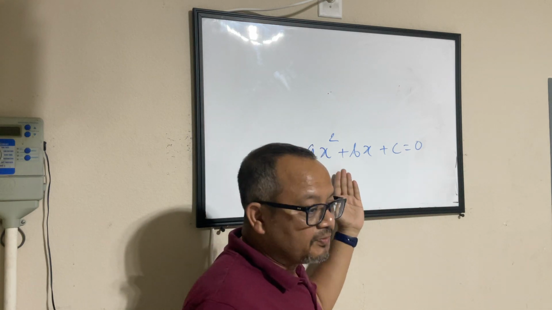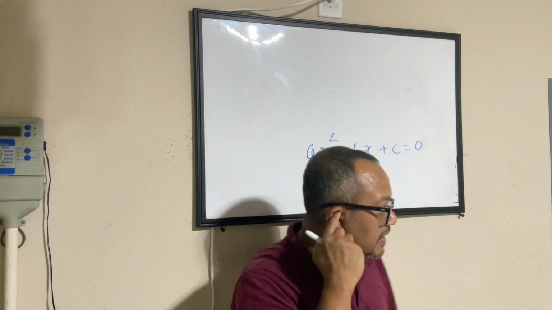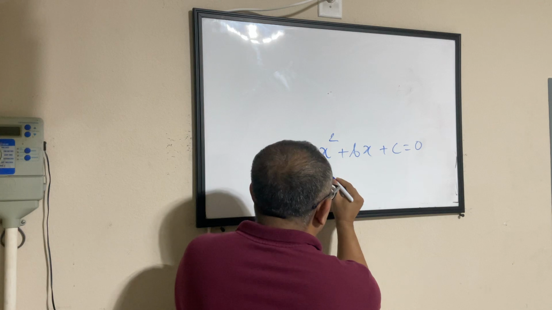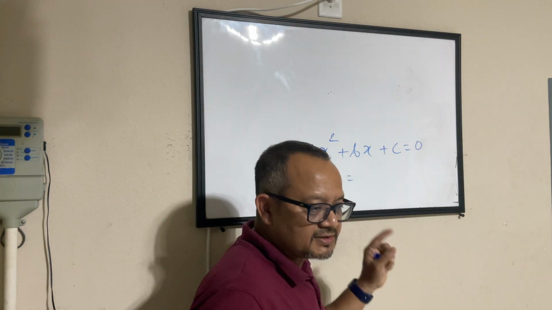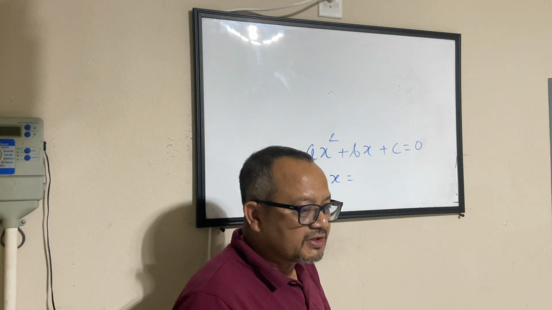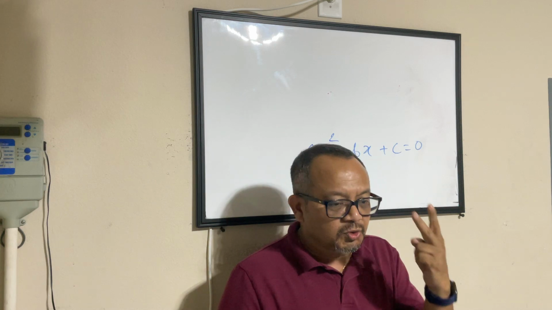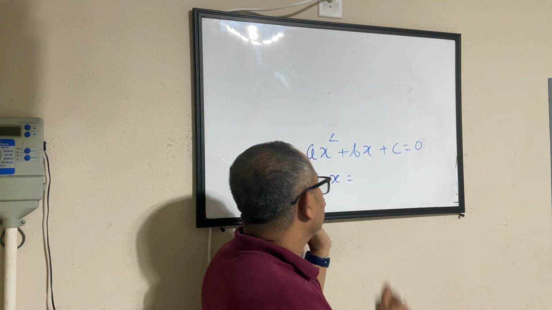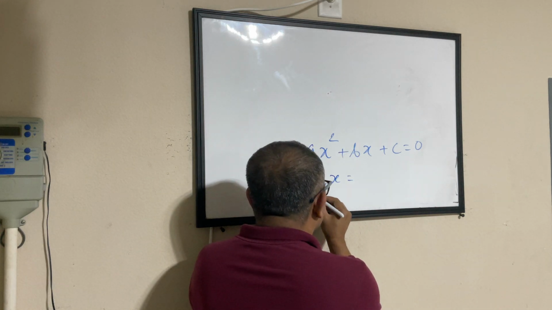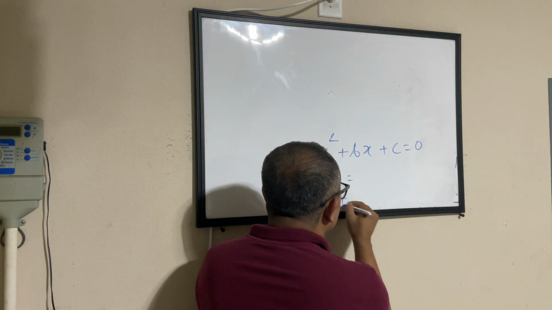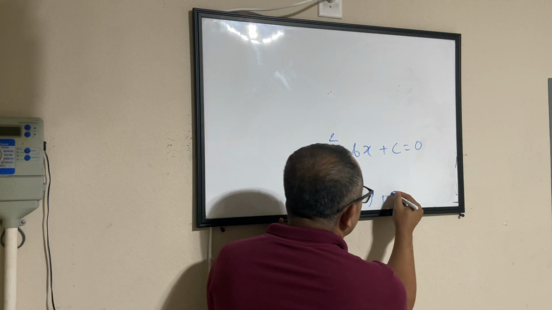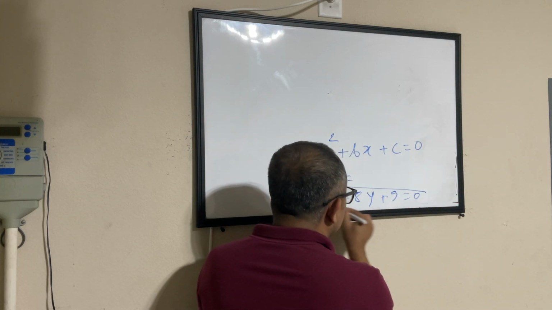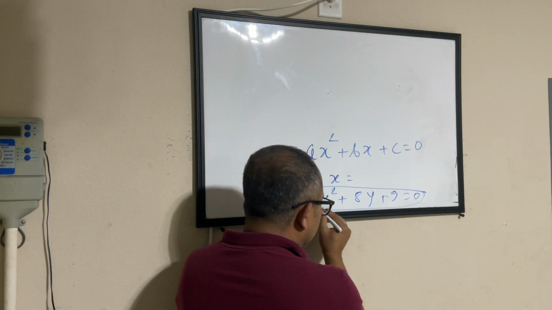If you have to solve this quadratic equation, you guys know that ultimately your objective is to find out the possible values of x. If you're talking about a quadratic equation, you will end up having up to 2 solutions for x. Or if it's a quadratic equation written for y, let's say 6y squared plus 8y plus 9 equal to 0, when you solve this, you are actually solving for the variable y.